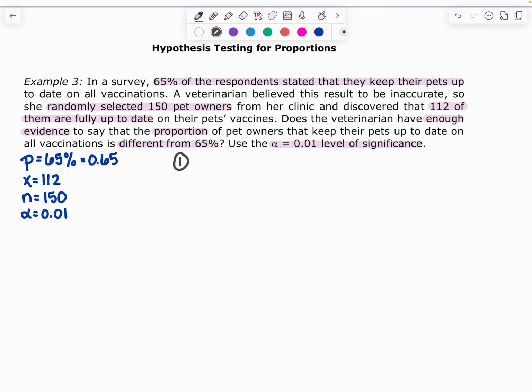So first thing we need to do is write out the null and alternative. So we start with our H0 and our HA. Our H0 will say that P equals 0.65, and then our alternative is that P is not equal to, because of the word different, 0.65.